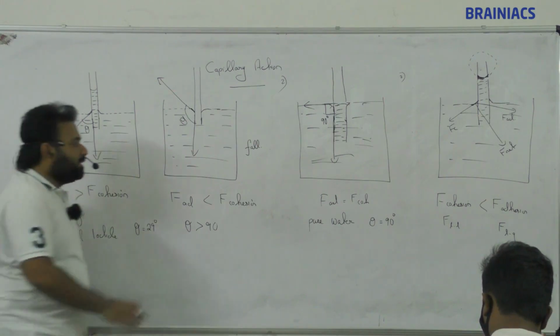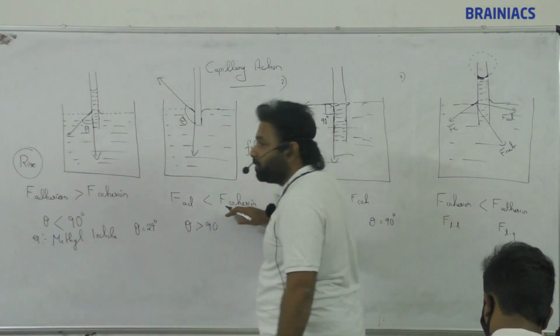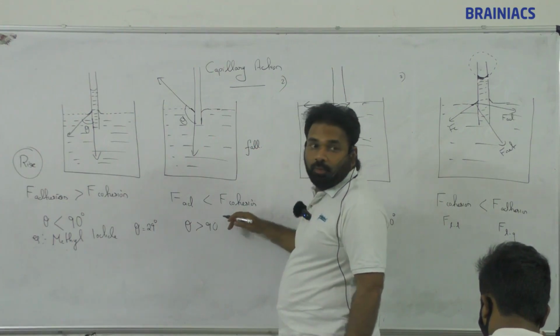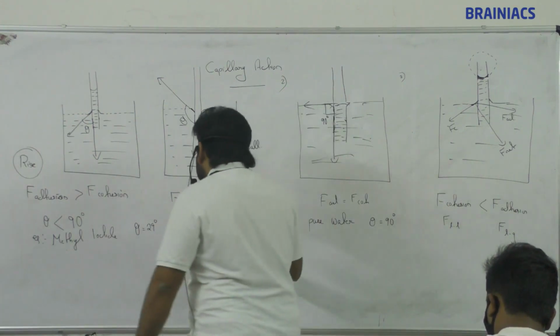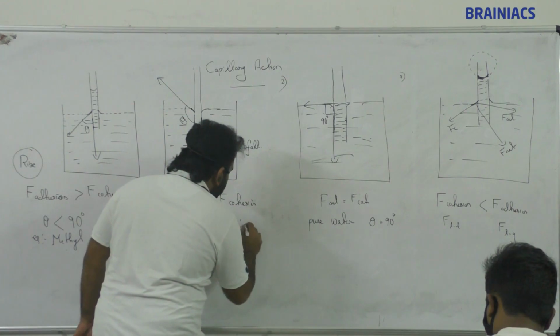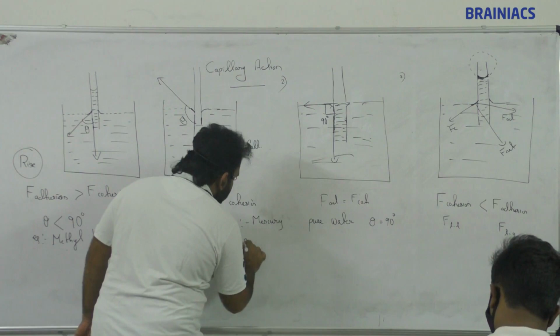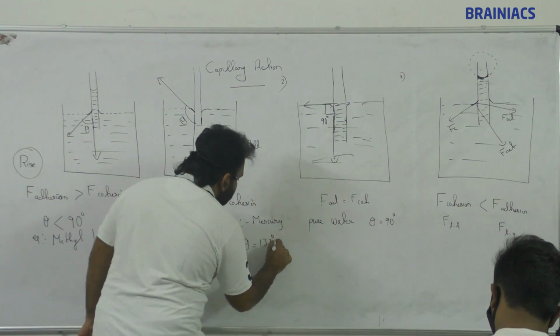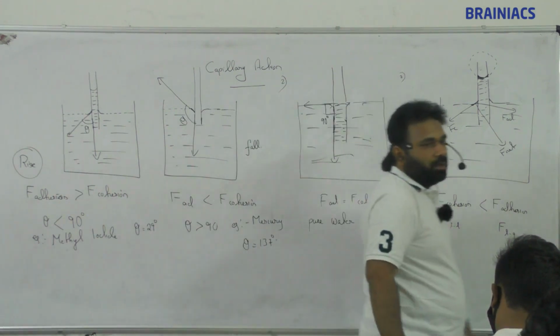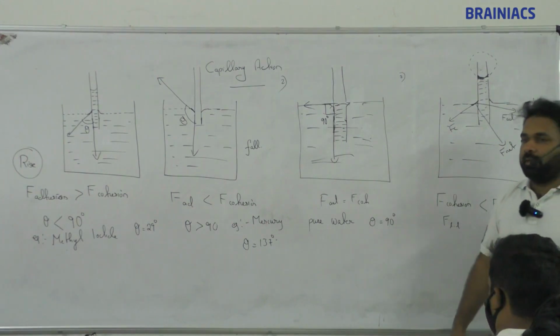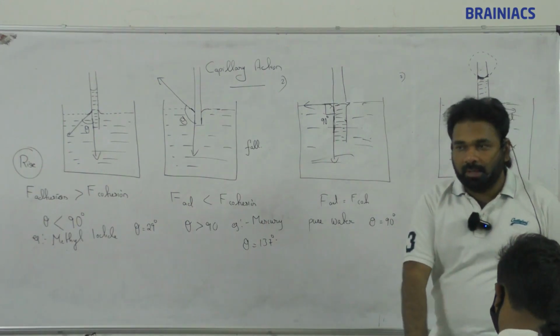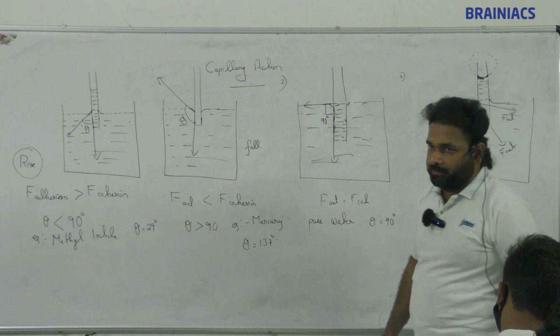Suppose in this case the force of cohesion between liquid molecules is very strong. The best example which we can give here is mercury. So the angle is around 137 degrees. Mercury has a very strong cohesion force, correct?